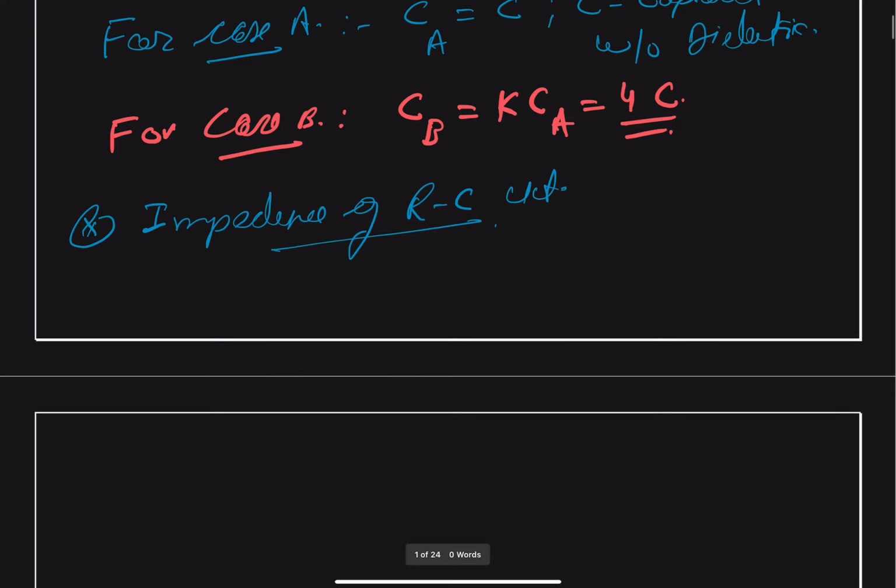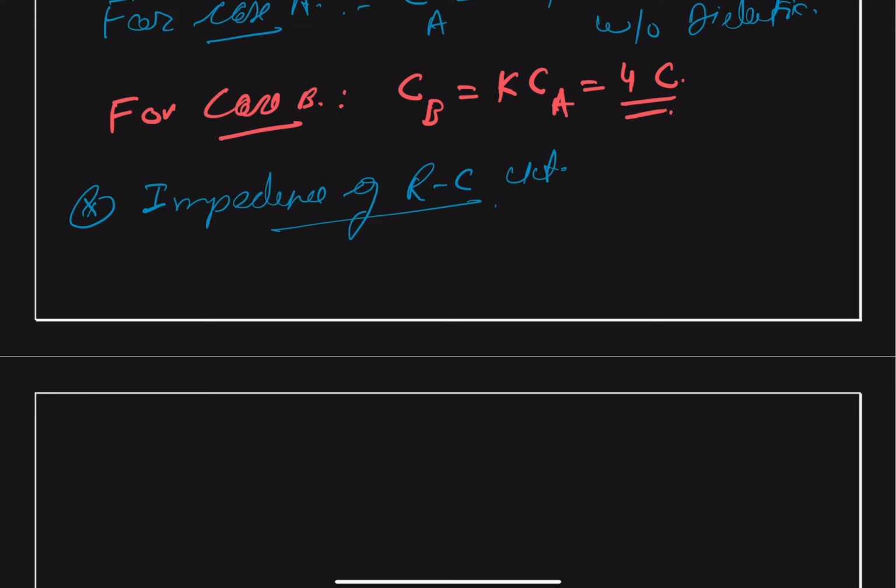And first of all, we find out the reactance, that is XC, which will be equal to 1 upon omega C, and we can divide it into two cases.